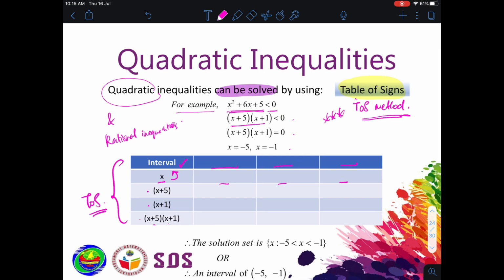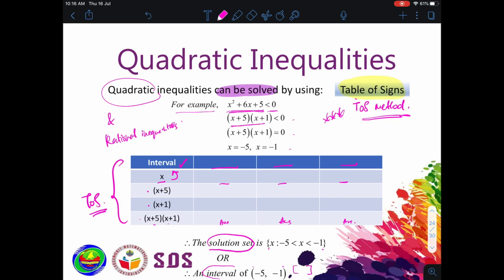This will give you your answer, which we write either as a solution set with curly brackets or as an interval solution with either an open interval or a closed interval.